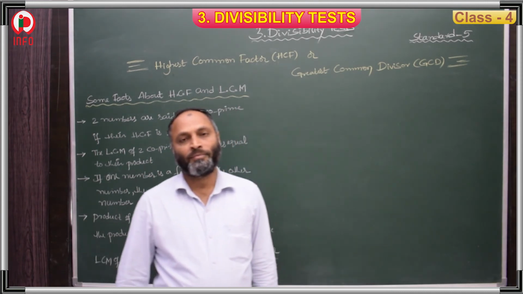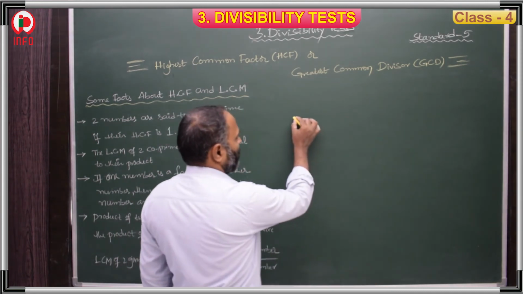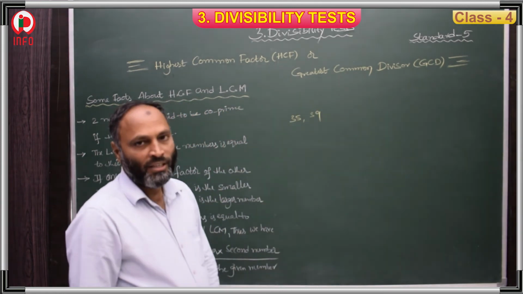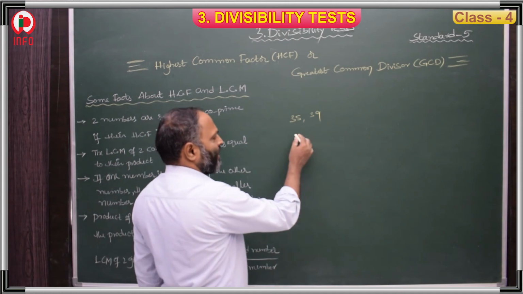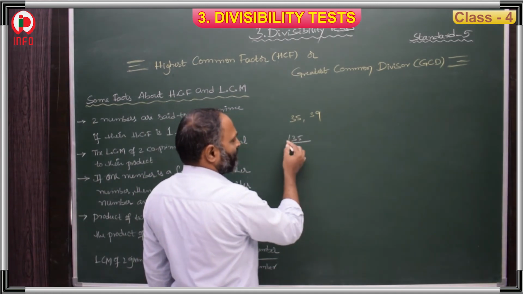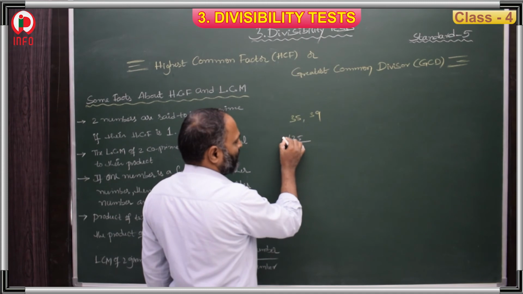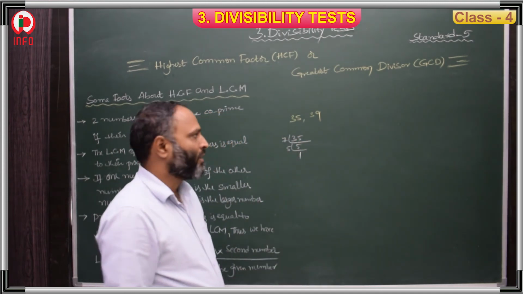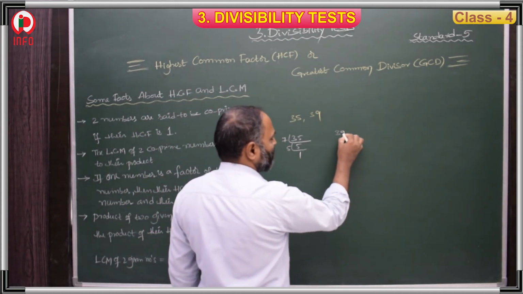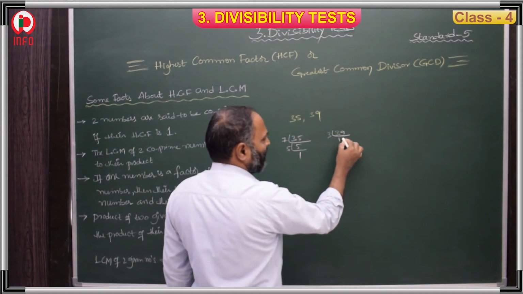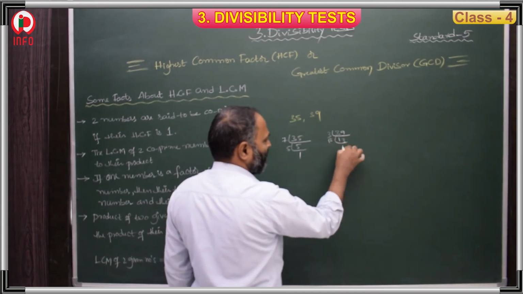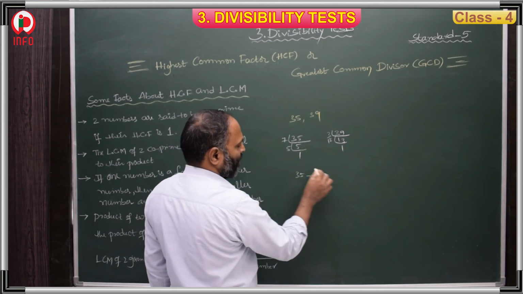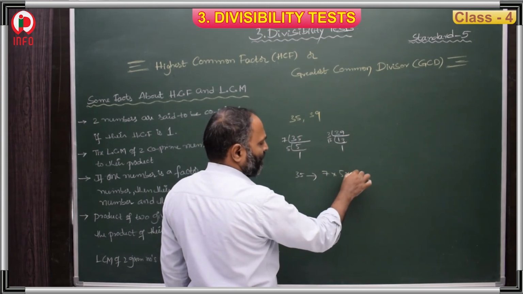Take 35 and 39. How to find the HCF of 35 and 39? Using prime factors: 35 is 7 into 5 into 1.